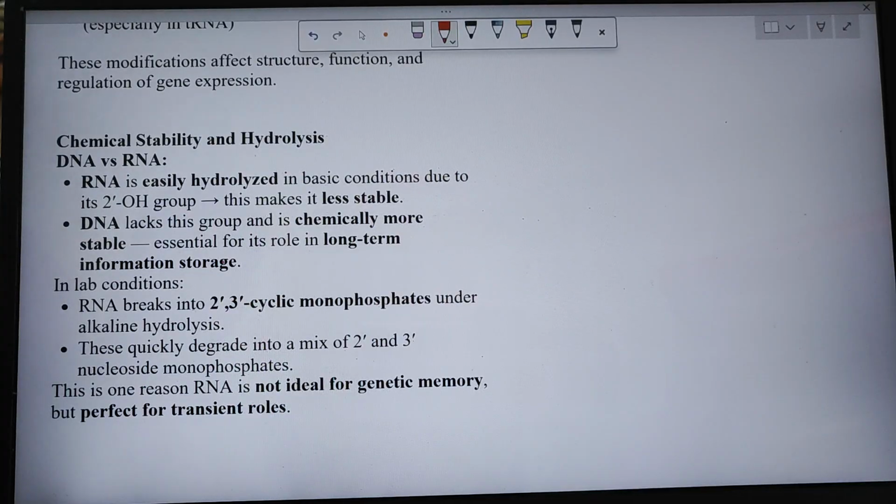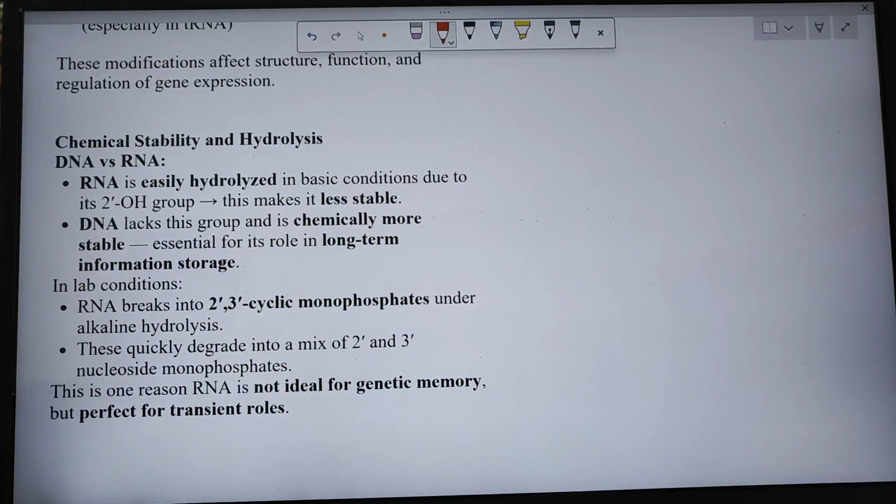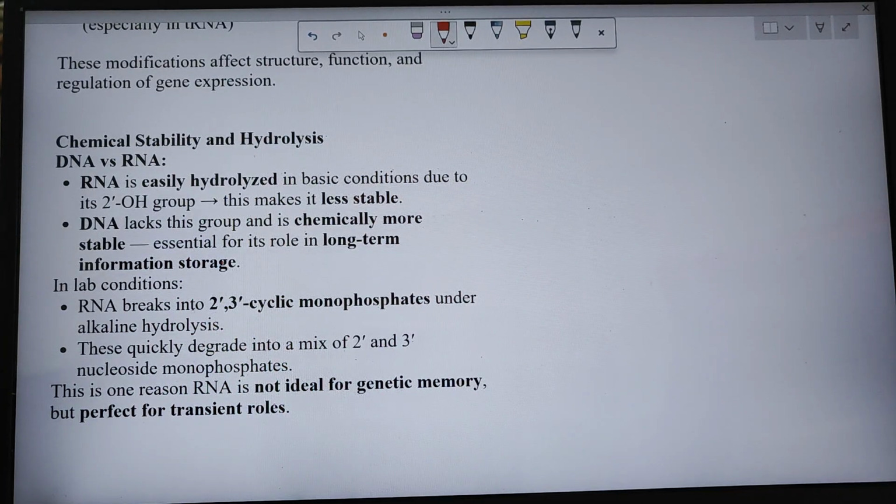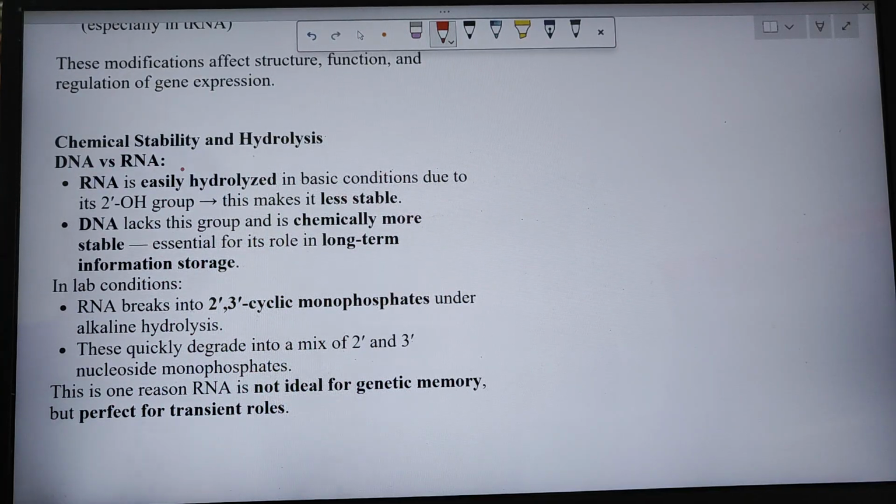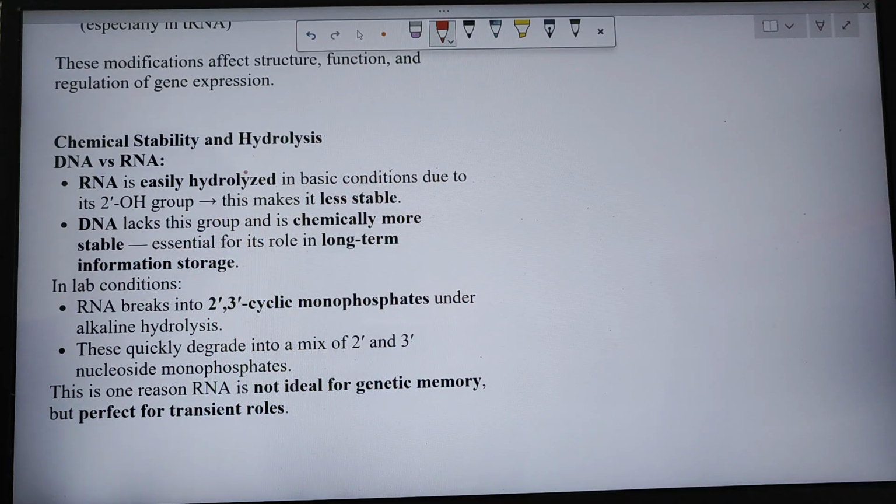So DNA has the deoxyribose sugar, whereas the RNA has the D-ribose sugar. Because of this change, these two molecules react differently under alkaline conditions. RNA is less stable than the DNA.